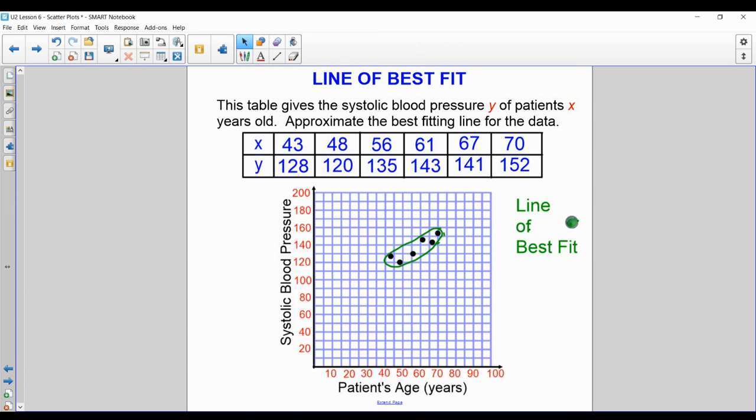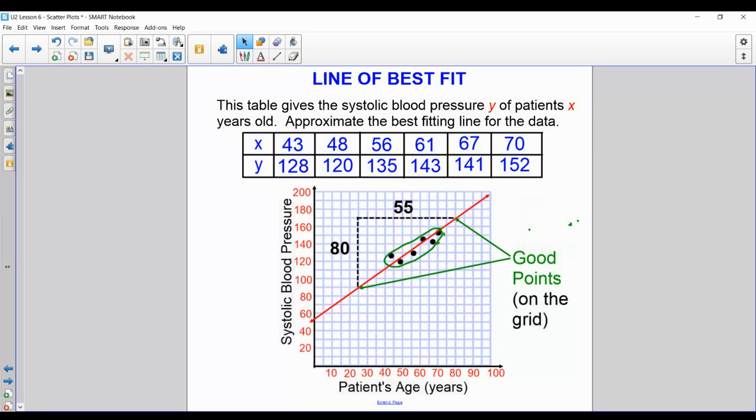Okay, so there you go. My red line has about as many points above as below, and it follows the trend of that blob.